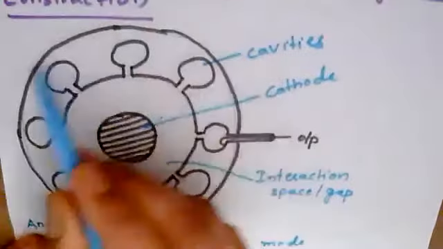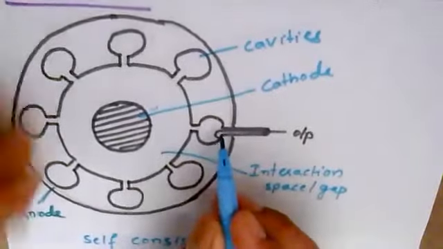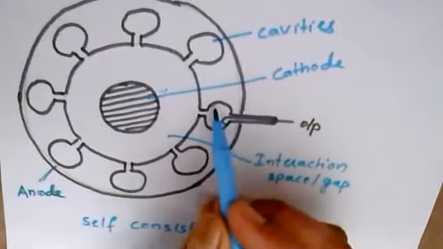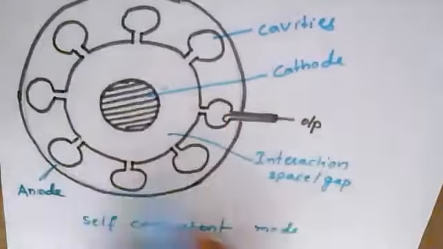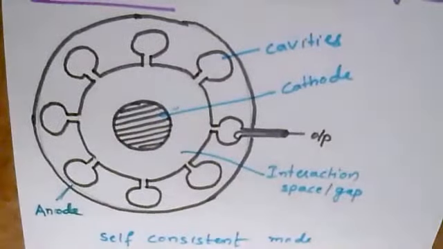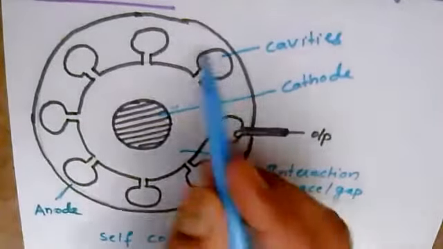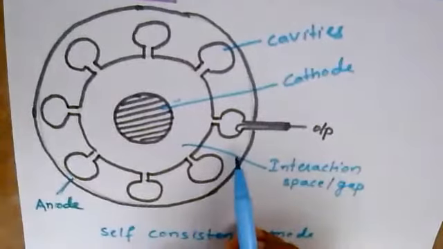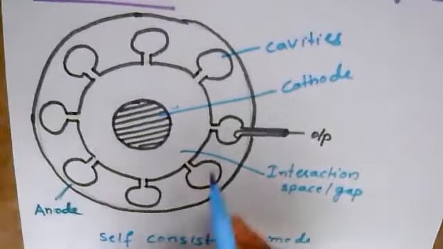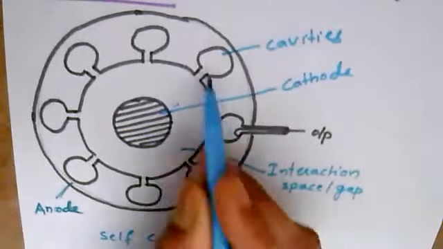We know that totally it is 360 degrees. Now each and every cavity, can any one of you tell me what should be the phase difference between each and every cavity, so that it justifies total 360 degrees? All the cavities should fulfill 360 degrees of phase shift, by having a phase shift between the two cavities.